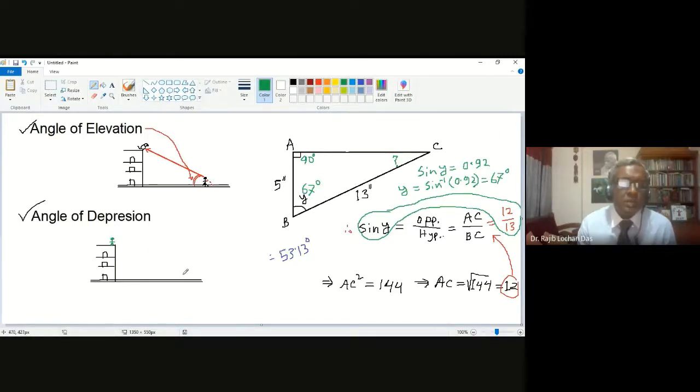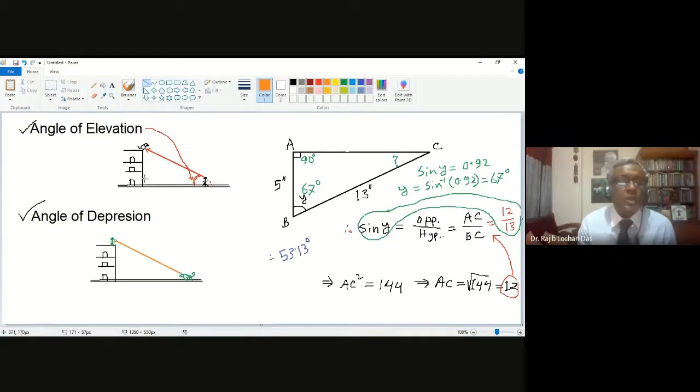Say there is a dog on the ground. So if the person is seeing the dog from the top, in that case the angle will be called angle of depression.